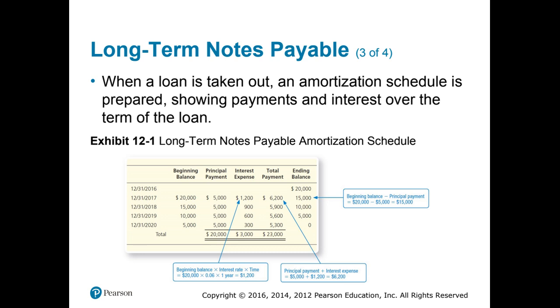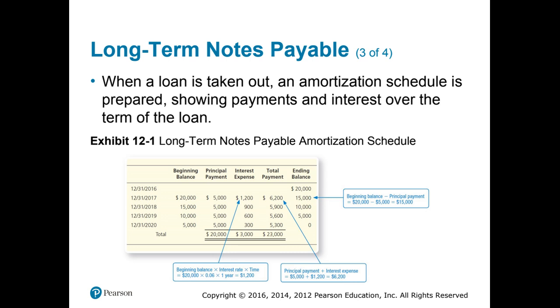On December 31st, 2017, our beginning balance was $20,000. And then we had a principal payment made of $5,000. We also had some interest expense of $1,200, and they tell us how they calculated that down here. So this is a good slide to refer to, or page in the book to refer to.